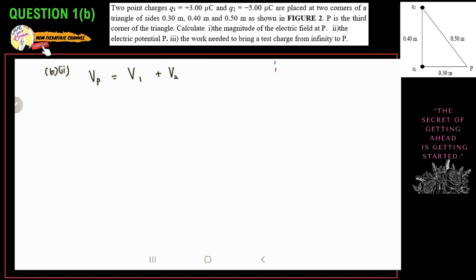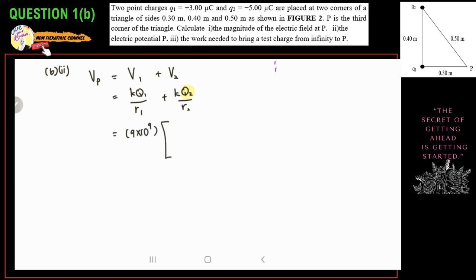So equation for V is KQ over R. Tengok betul-betul, tak ada square-square. KQ1 over R1 plus KQ2 over R2. So make sure your Q2 is negative sign, right? So when you substitute in your calculation, look at here.